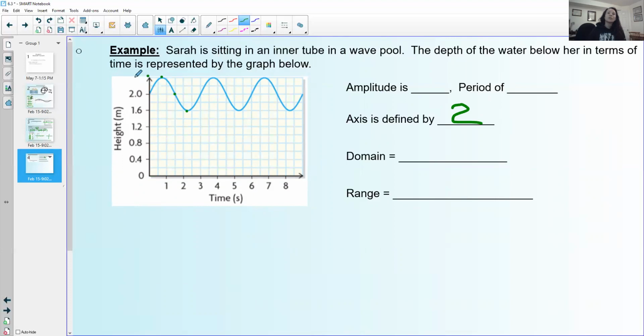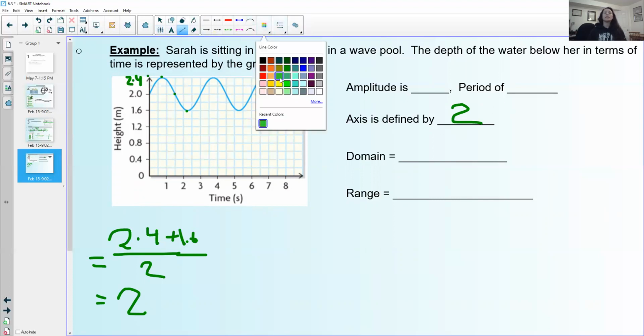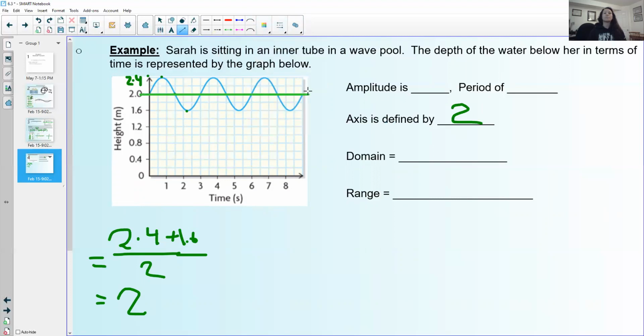So this up here should be 2.4. So if I take 2.4 and I add it to 1.6 and divide by 2, okay, 2.4 plus 1.6 is 4. 4 divided by 2 is 2. So you do get this number for your equation of the axis. Okay, that puts a nice line right across. Okay, so that's our equation of the axis.